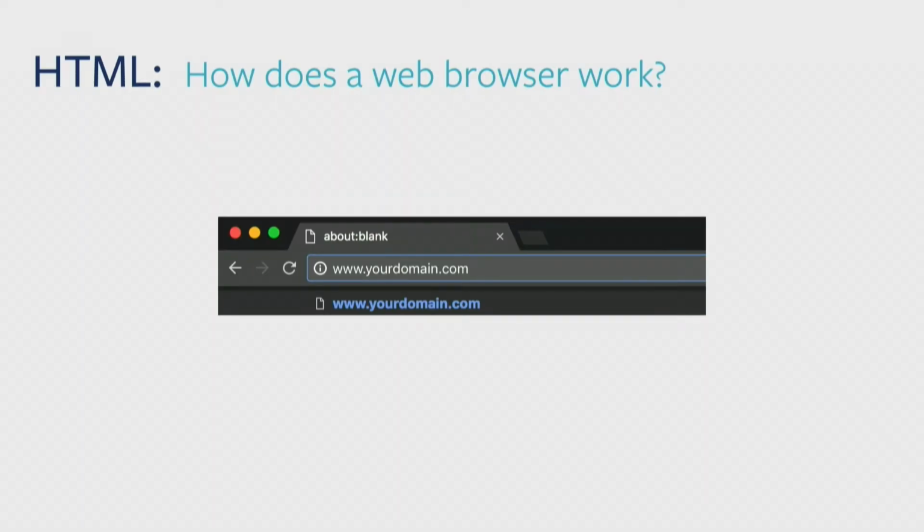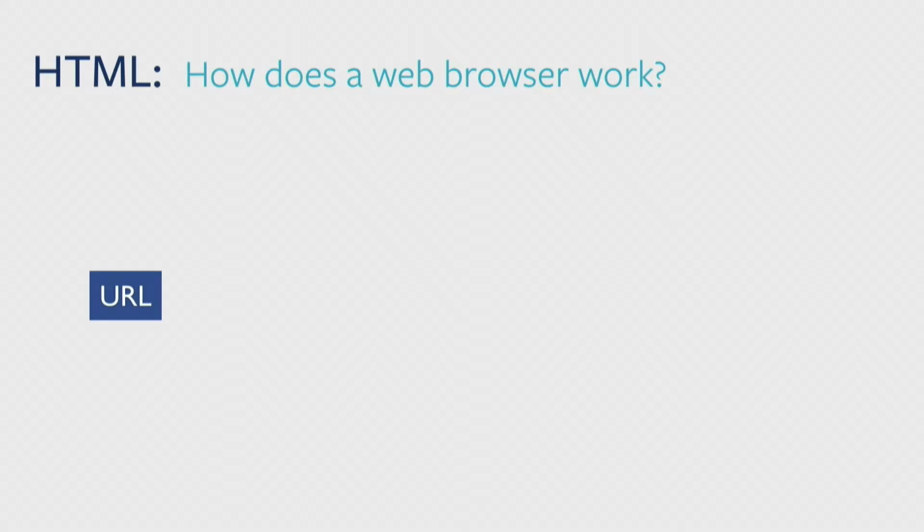So everything on a web browser begins with a URL. It can be a URL that you type on your address bar, or it can be a link that you click. Starting with this URL, there are several processes the browser needs to do in order to show you the content of the page.